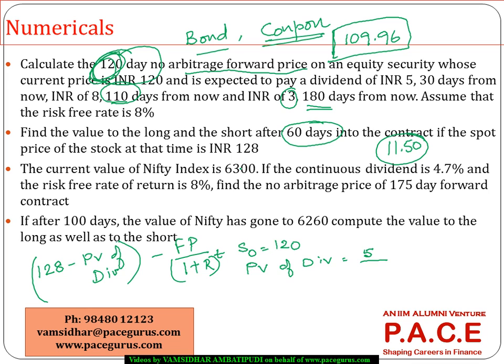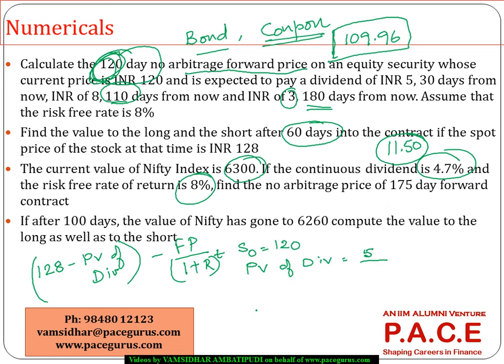So equity index, as we said, wherever we talk about the index, we always try to bring in the continuous dividend yield rather than treating dividends on a discrete basis. So here the current value of the Nifty is 6,300. Continuous dividend yield is 4.7%, risk-free rate is 8%.